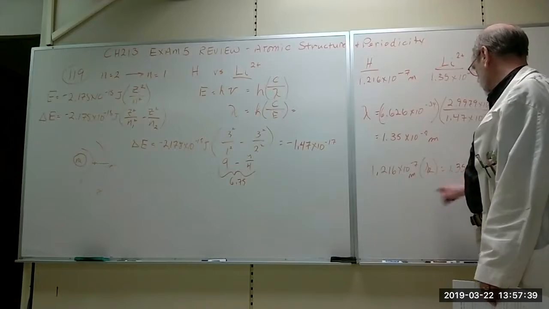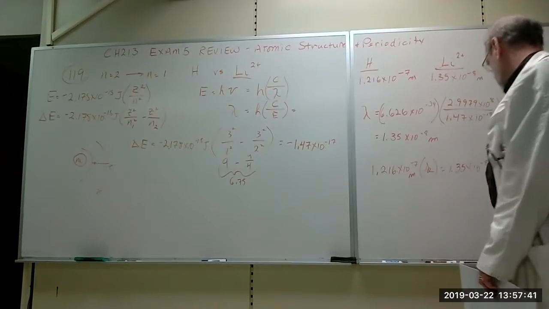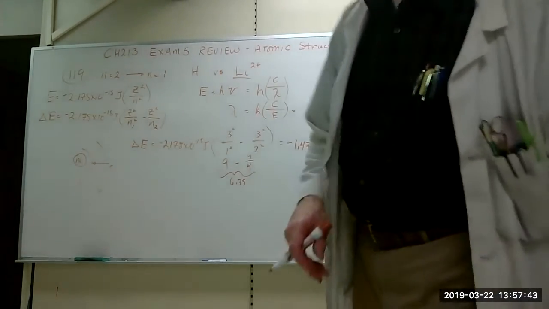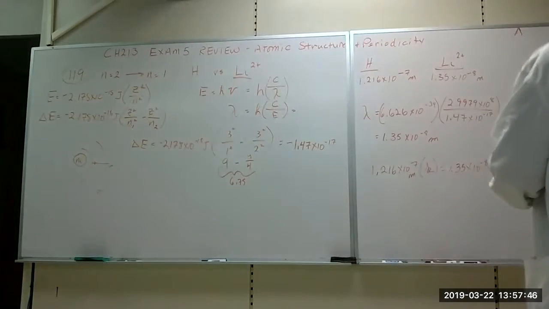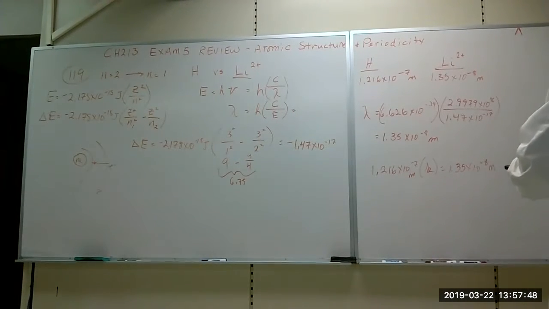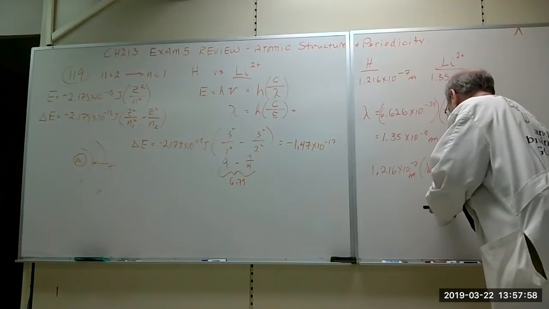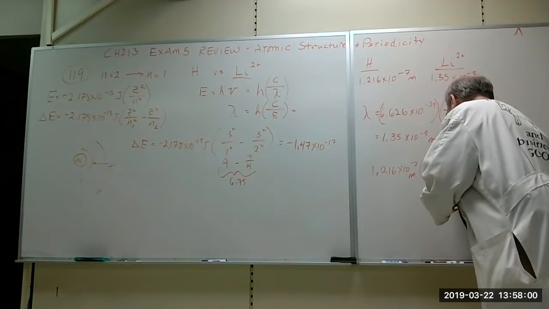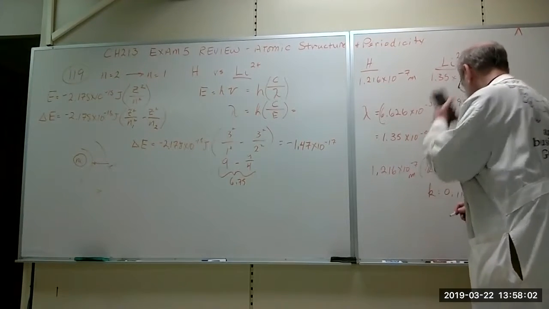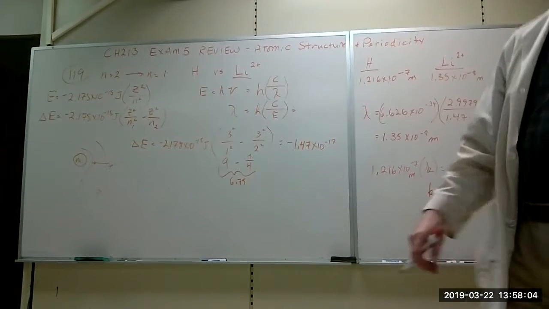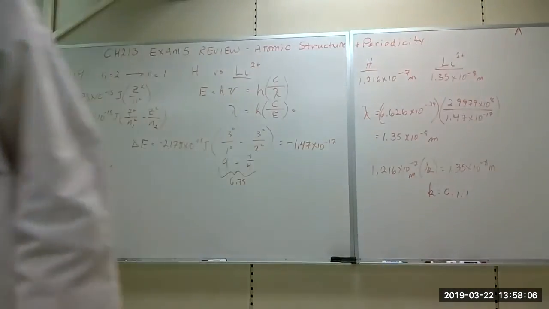So we divide this one by that one. Okay. And then 1.226. Divide that into that value. We get 0.111. Now, that's probably not one of the answers.